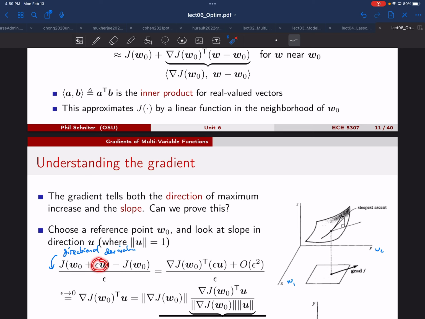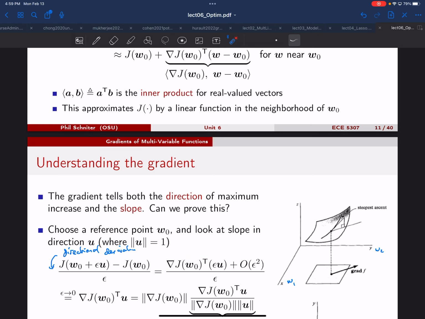So I'm going to write this first term as J of W naught. But that's going to get canceled by this, so that's gone. And now I have left the perturbation, which is this. But we said that this part of the perturbation is just epsilon u. So that whole thing becomes that.